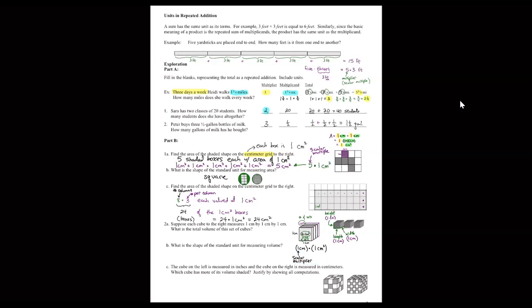Now the units play an important role because if I multiply centimeters by centimeters squared, I'm going to end up with centimeters cubed. So 1 times 1 is 1. Centimeters times centimeters squared is centimeters cubed.